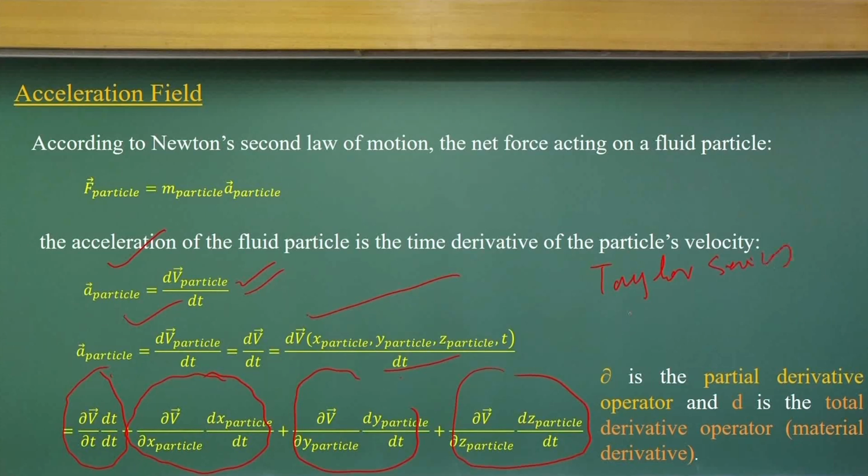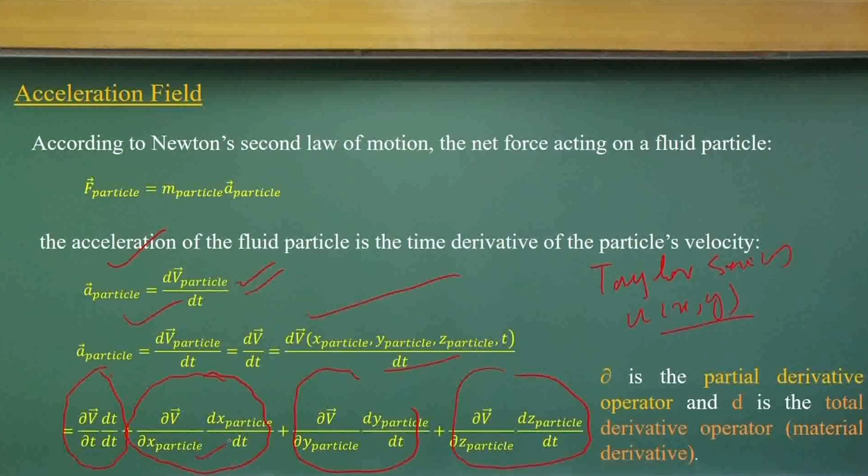Here I have a Taylor series of four variables, x, y, z and t. If you expand it and take only these four terms, you will get this component. It is the same Taylor series concept we discussed for a single independent variable and for two independent variables.